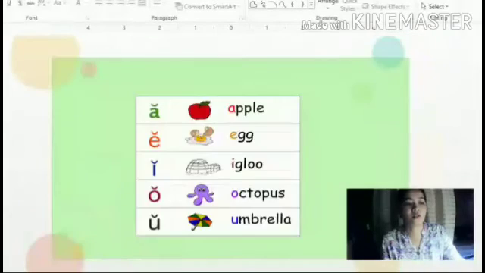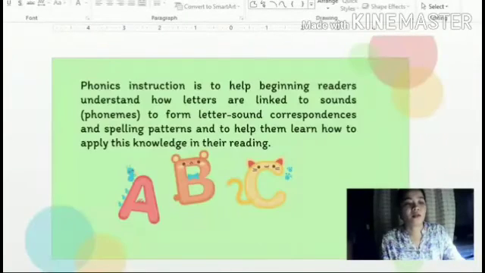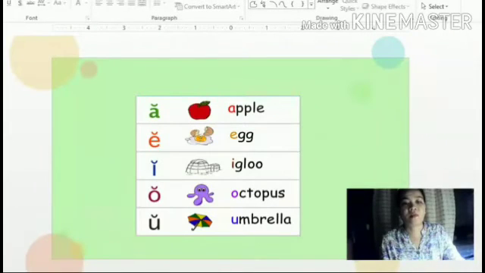For example, let them familiarize the sounds of the vowels a, e, i, o, u. A means apple, e, egg, o, octopus, and u, umbrella.